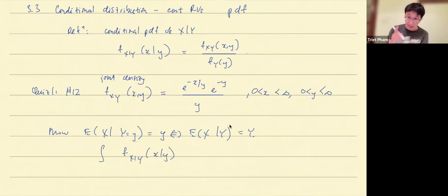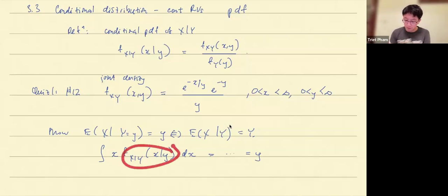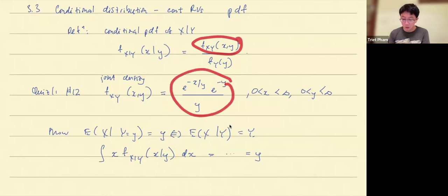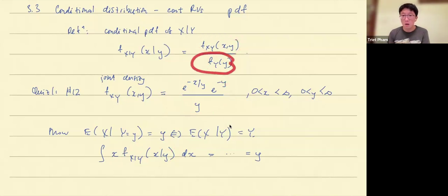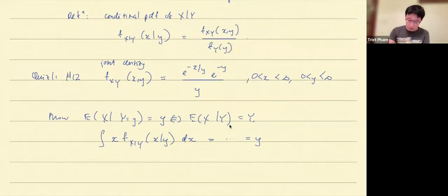So integrate x, all right, dx. And somehow the calculation will be y itself. Okay. But of course, then you have to figure out what this is. And so the formula says you use the joint and you need to divide by the marginal. Okay. And so we need to figure out the marginal density.